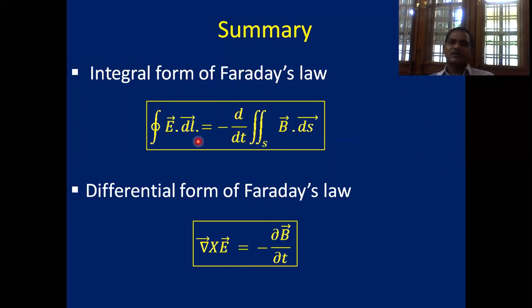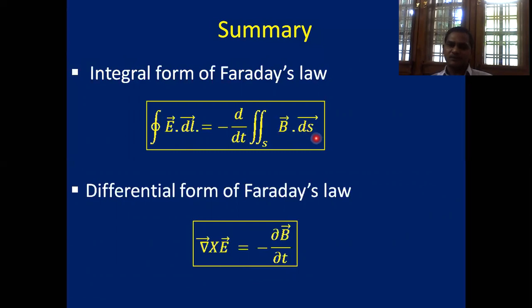That is, the line integral of electric field strength along the curve of the closed loop is equal to the negative rate of change of magnetic flux, minus d phi by dt, that is, minus d by dt of the surface integral of B bar dot ds bar.